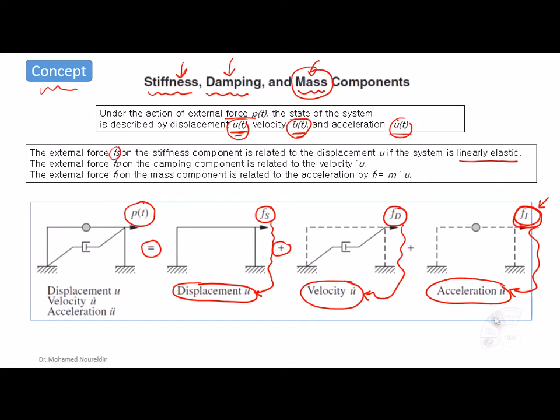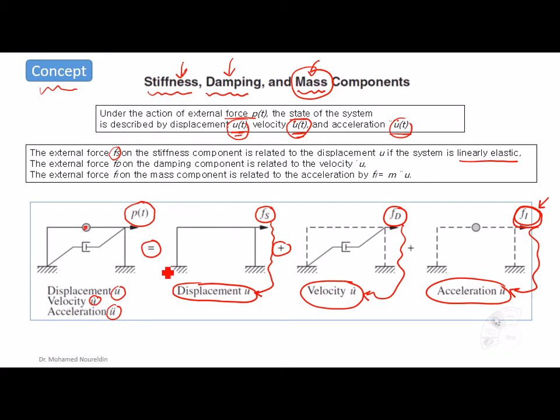So we can look at our system as it is: the real system is here, a system that has a stiffness, damping, and of course mass, and there is a dynamic load being applied on it, and we have three different engineering demand parameters that we want to obtain: u, u dot, and u double dot.